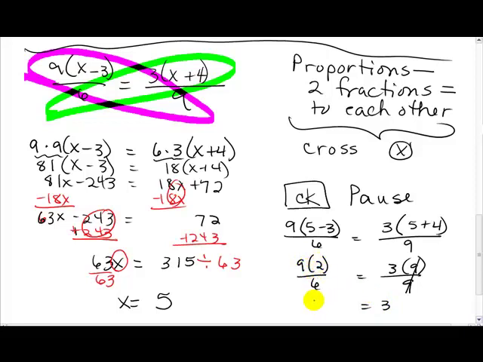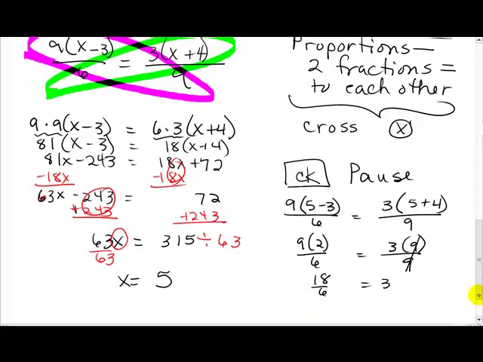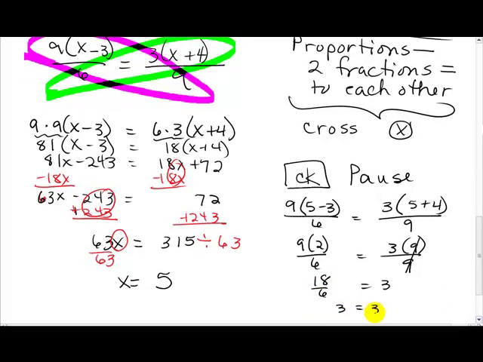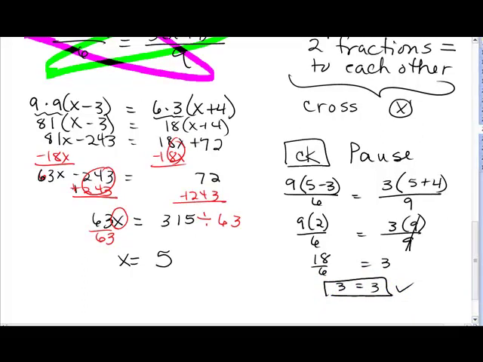That's 18. Three equals 3. It checks. Very good.